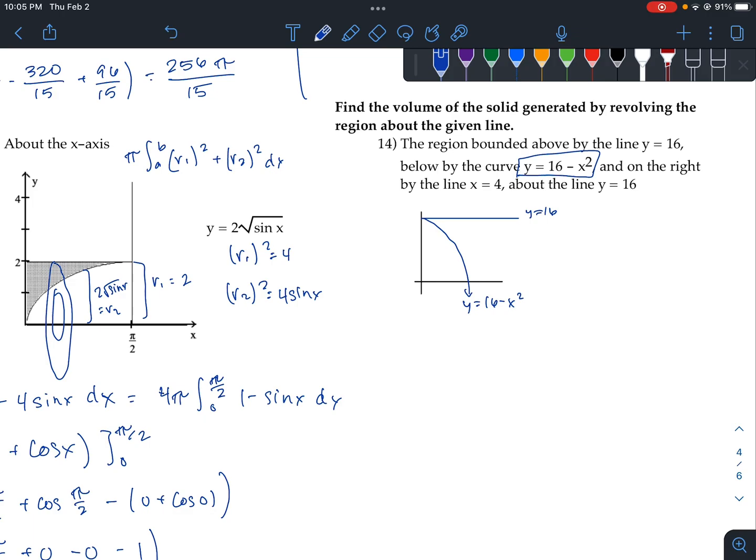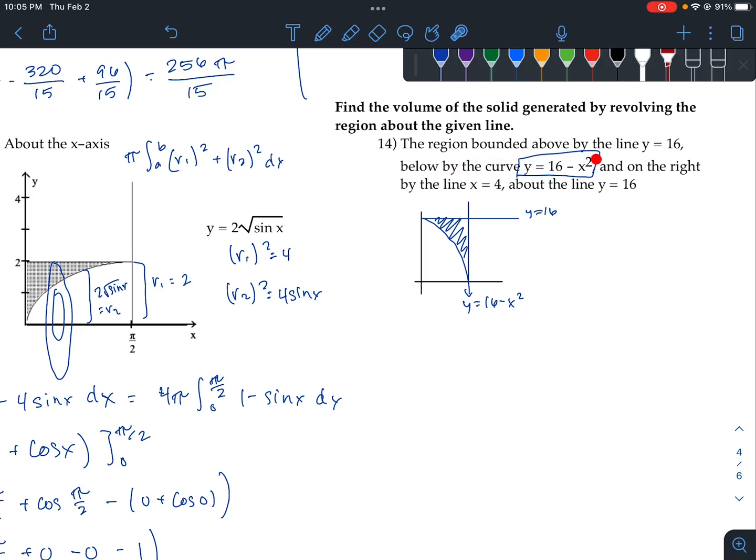And on the right by the line x is equal to 4. So if this quadratic intersects at x equals 4, it should go up like this. So that's the region that's bounded.